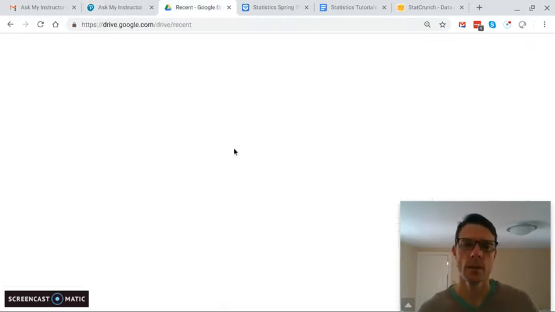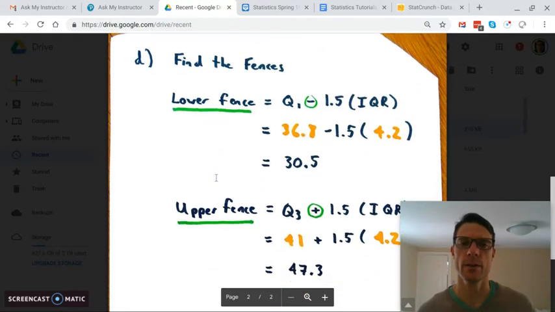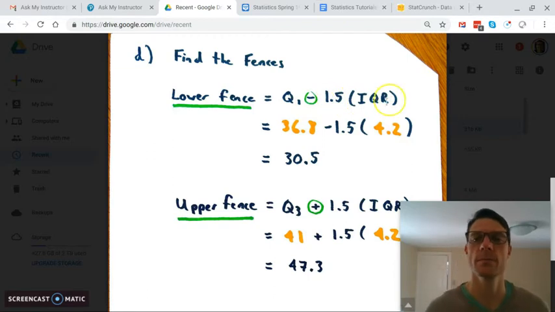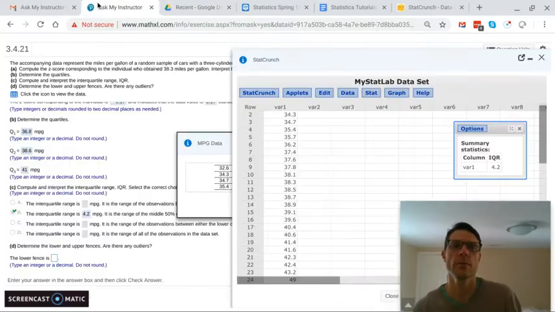I didn't say that so well, but here I've got it nicely written out. The lower fence is just quartile 1 minus 1.5 times the IQR. In part B, we calculated quartile 1 and we just calculated the interquartile range. So we get the lower fence at 30.5.